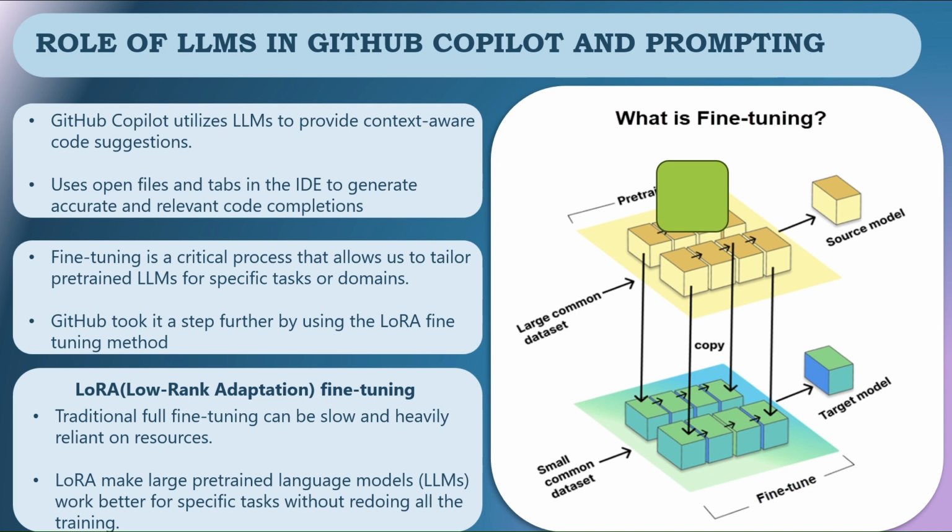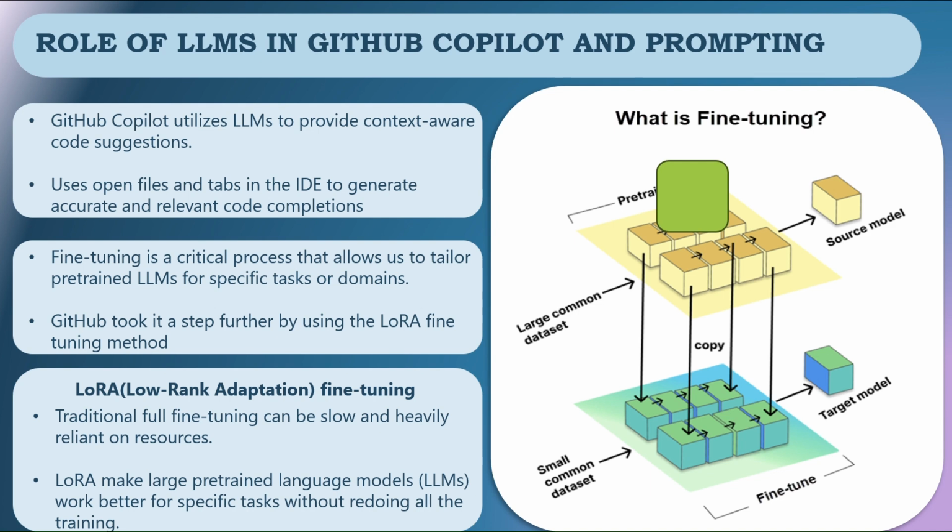Now, fine-tuning is a critical process that allows us to tailor pre-trained large language models or LLMs for a specific task or domain. Fine-tuning is also essential to adapt LLMs for a specific task, and that helps to enhance their performance. However, GitHub took a step further by using the LoRA fine-tuning model.